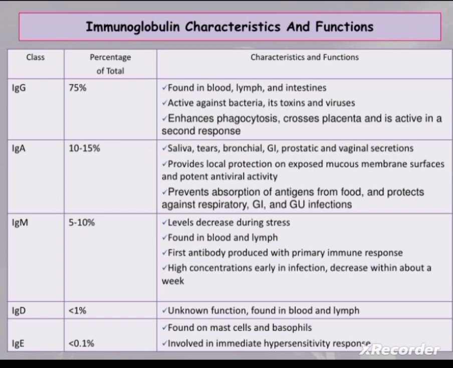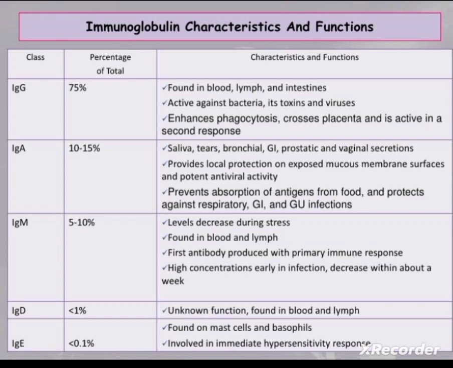So IgG is the only maternal immunoglobulin that is normally transported across the placenta and provides natural passive immunity in the newborn. It is not synthesized by the fetus, but it is transported across the placenta and gives natural passive immunity to the newborn.